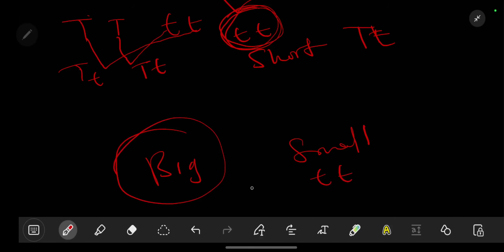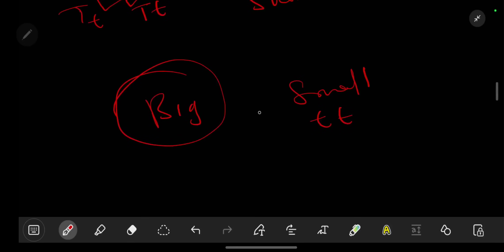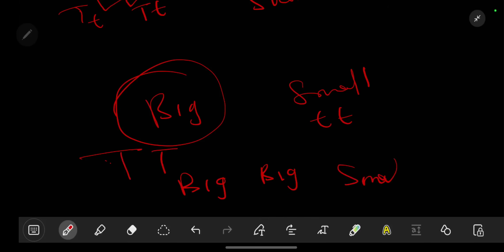But for this one, you don't know. So as they continue to mate, they will produce offsprings that might be sometimes small, sometimes big. If in all the outcomes, all the offsprings are big, that means this parent has got big letters. But if there is any dog that comes out to be small, it means this dog is big, but it has to have this type of a genotype.